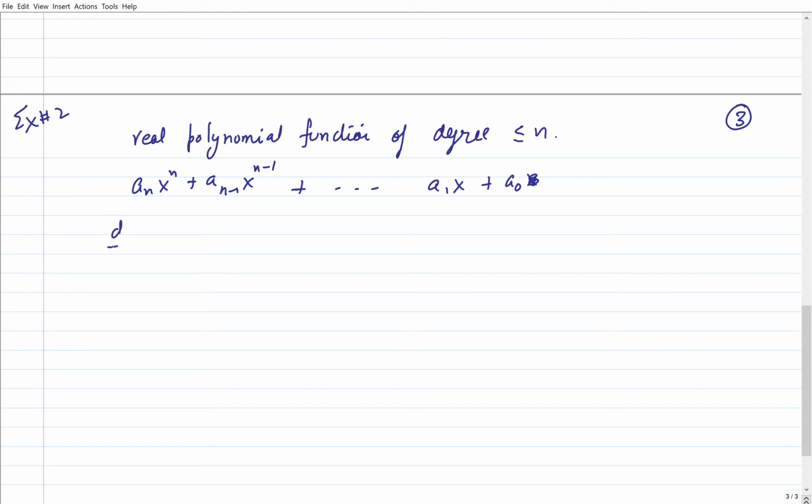And then the derivative is a linear transformation. We'll just call it LT, from the space Pn, polynomials of degree less than n, to Pn minus 1.